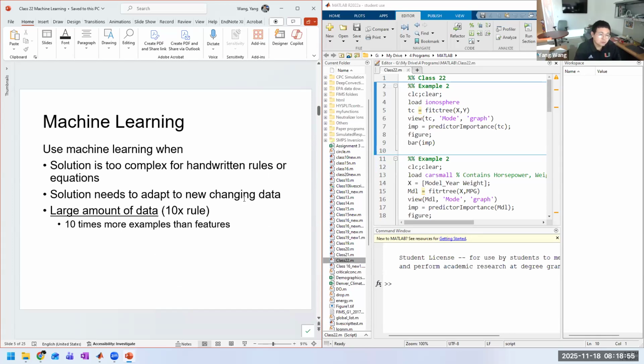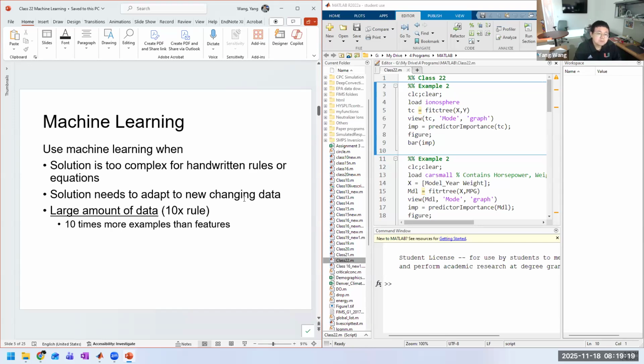And one important criterion for using machine learning is that we also need to have a large amount of data. People call this the 10x rule, the 10 times rule. Basically, the amount of data that we have for a machine learning algorithm has to be large enough so that we can generalize certain learning outcomes.